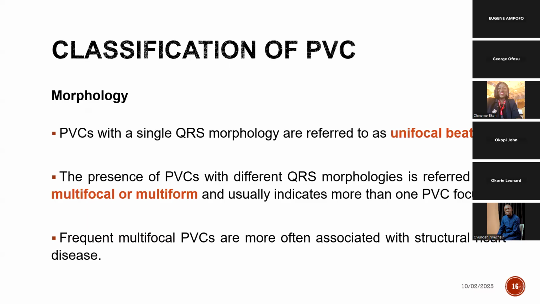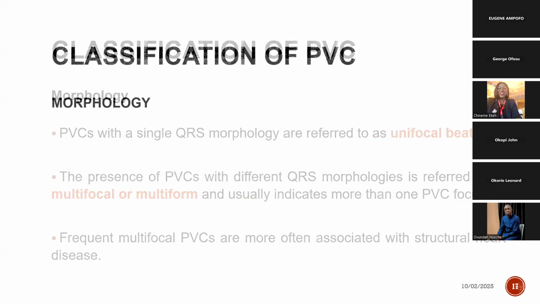Multiform PVCs usually indicate that more than one focus is firing to produce the PVCs. Frequent multifocal PVCs are more often associated with structural heart disease.